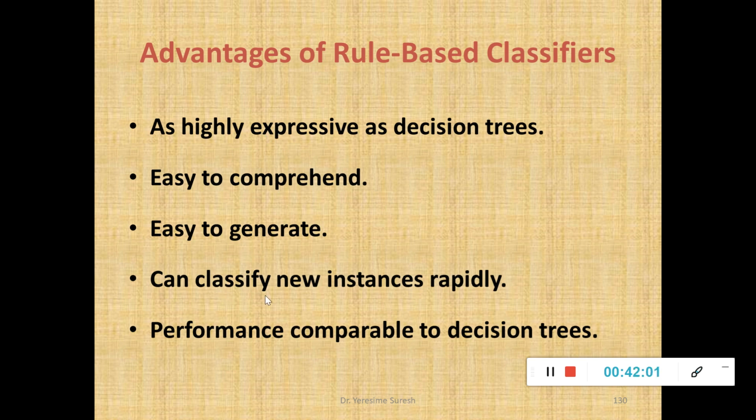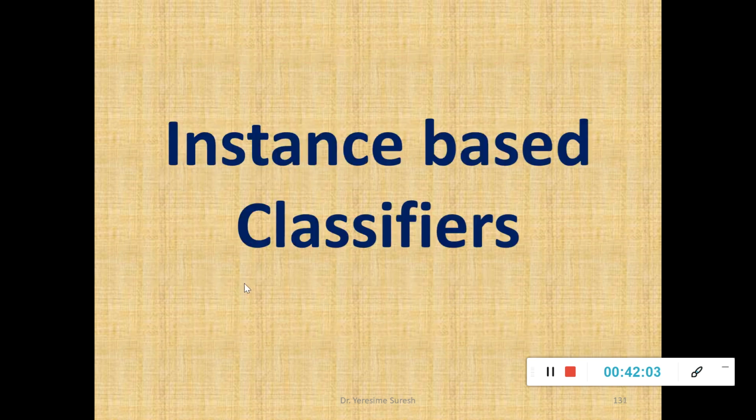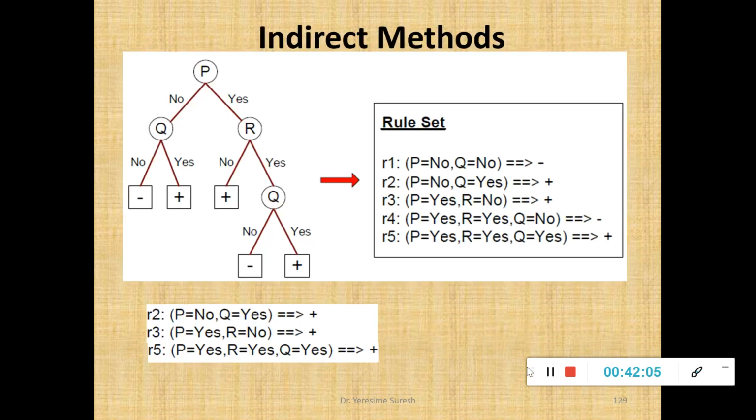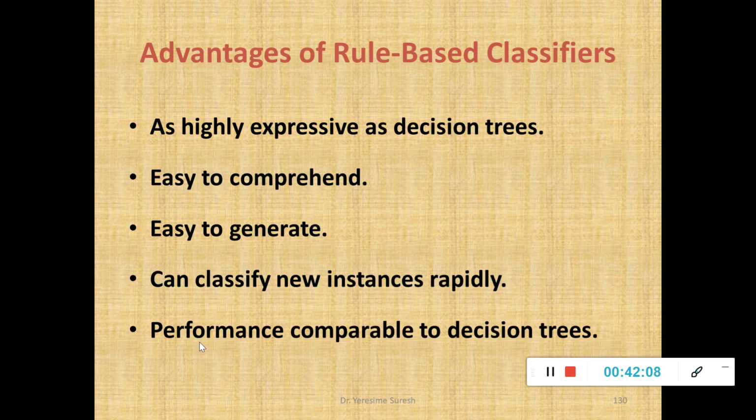They can classify new instances rapidly, as we have done. Performance is comparable to decision trees. We have seen the examples, we have calculated accuracy as well as coverage values for rules R1, R2. We find that rule based classifiers are better in comparison to decision trees.